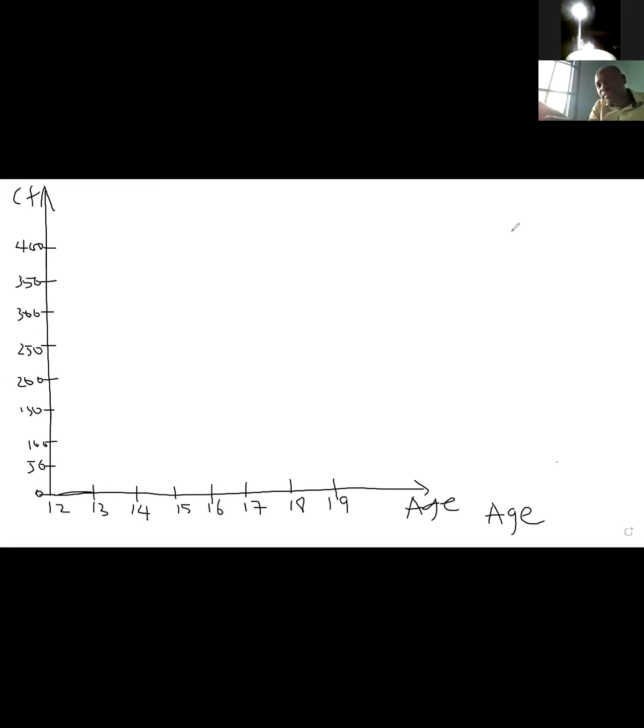So for your first point, let me come and use red. If I'm plotting my first point, I'll put 12, under 12, I'll come and put my 0. That's my first point. Then under 13 is 27. So if you have a graph book, you'll have a better point. Under 14 is 85. So that's below 100. Under 15 is 215.